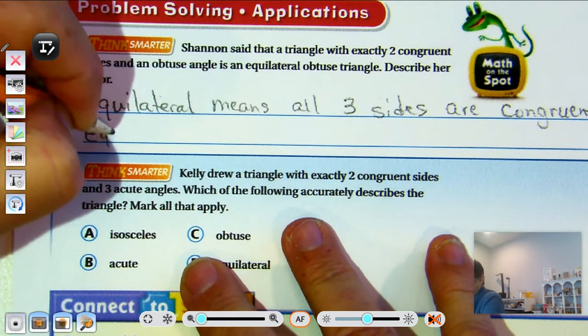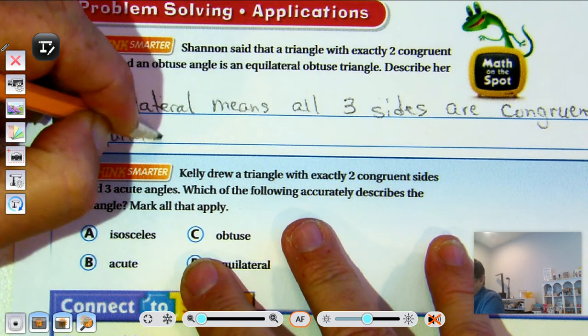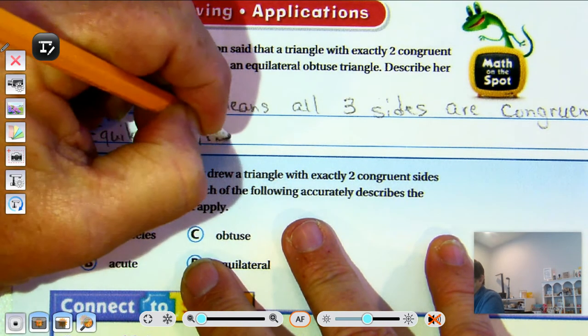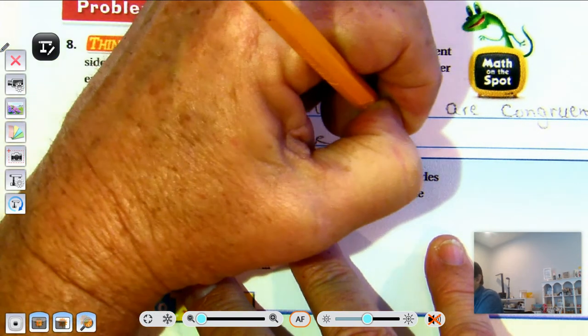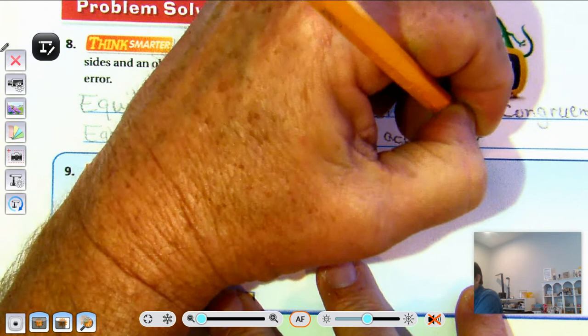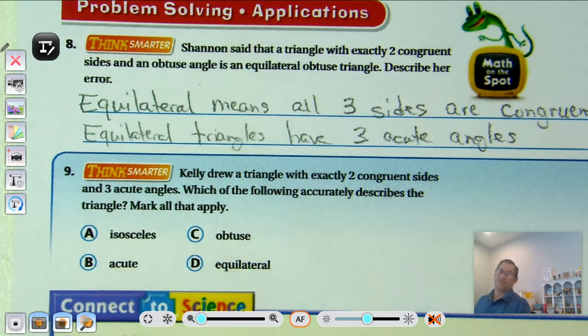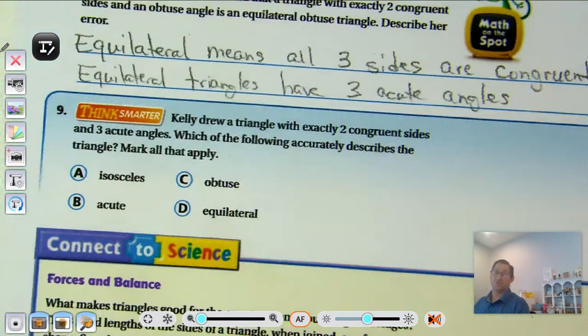Also, equilateral triangles have 3 acute angles. Okay, so there's no way to draw an equilateral obtuse triangle.